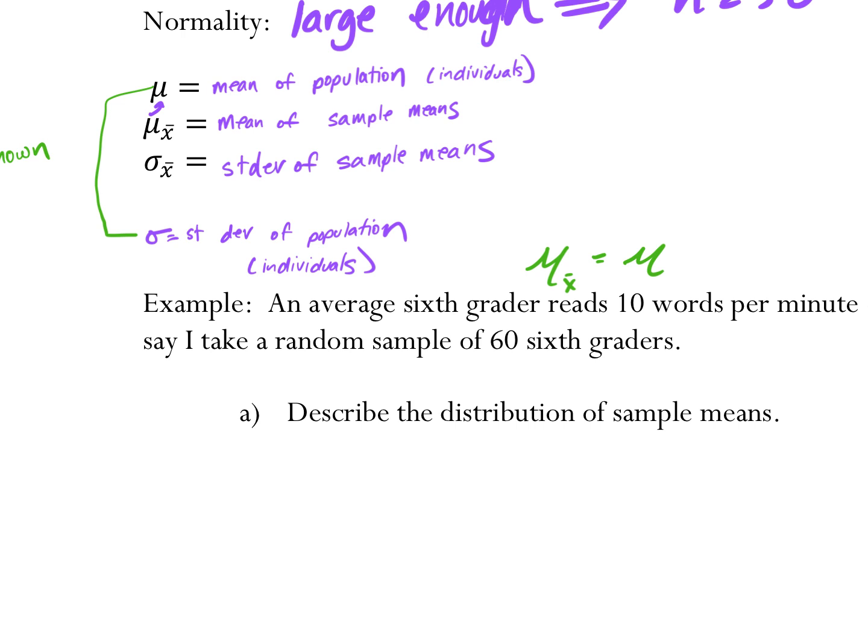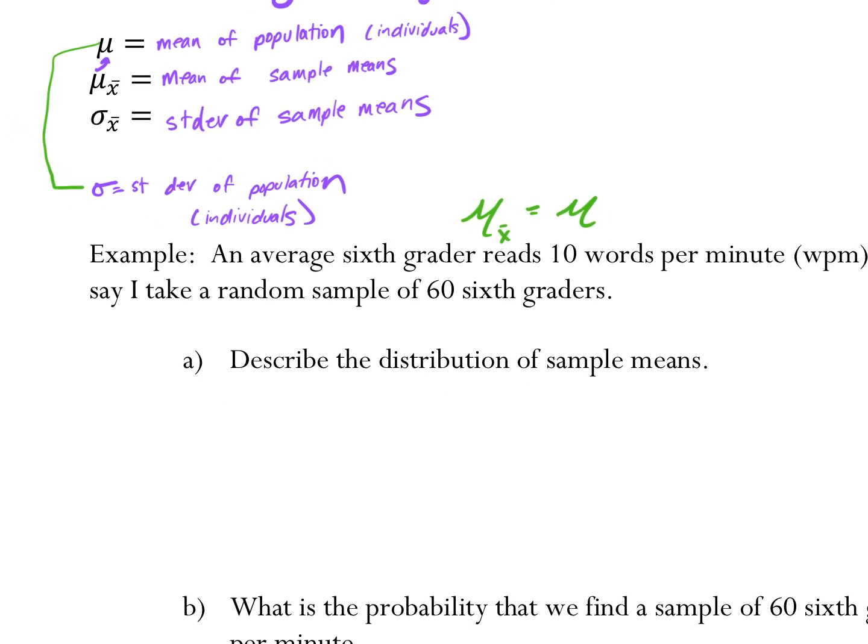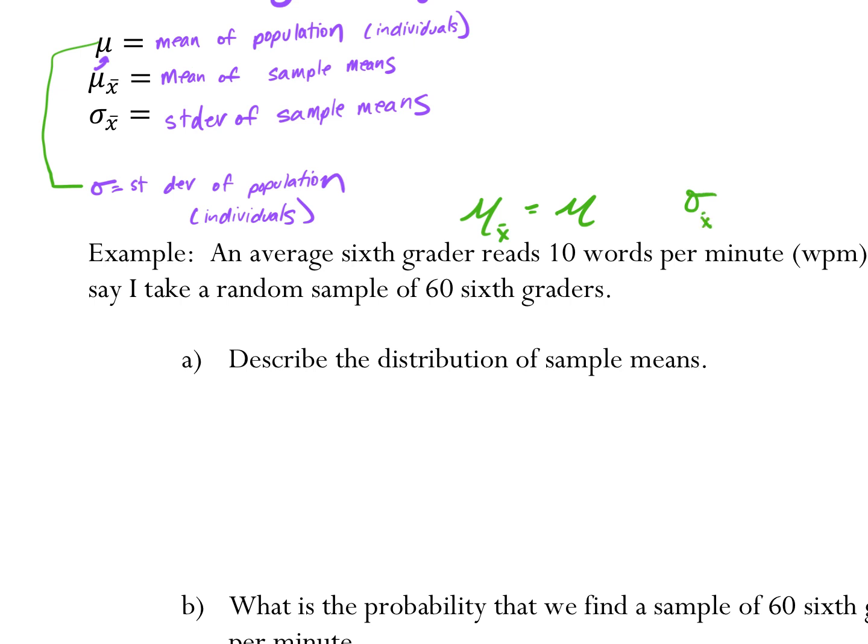These two things mean different things, because this is the mean of the averages, this is the mean of the individuals, but they should be pretty darn close to each other. The standard deviation of the x bars should go down. The central limit theorem says it's going to go down based on how big your sample is. So how much does it go down? You divide by the square root of your sample size.